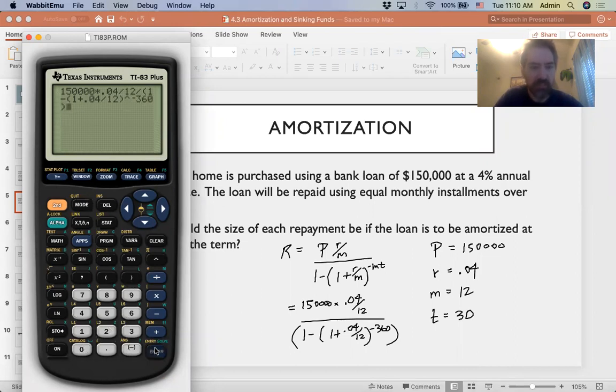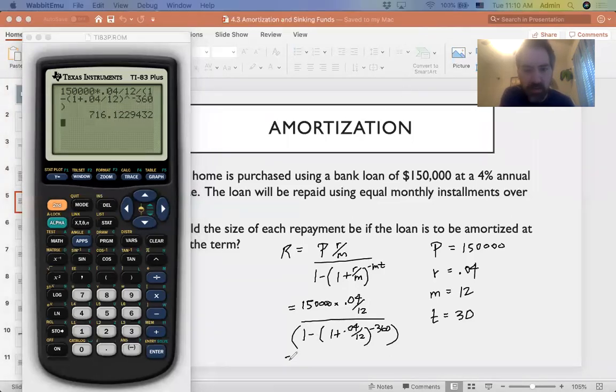Close parentheses again. And we have a payment amount of $716.12. So we're going to be making payments of that $716.12 per month for 360 months, for 30 years.